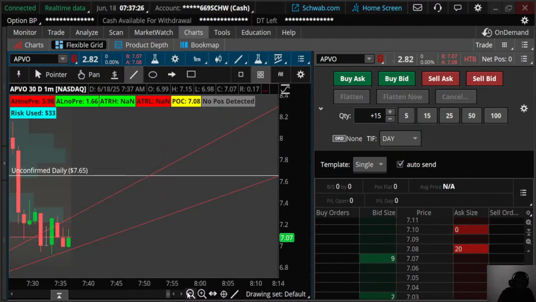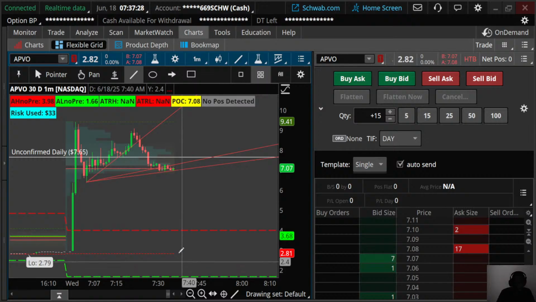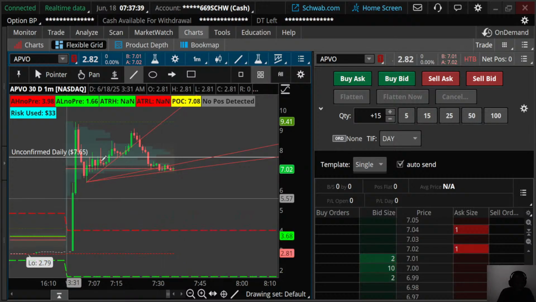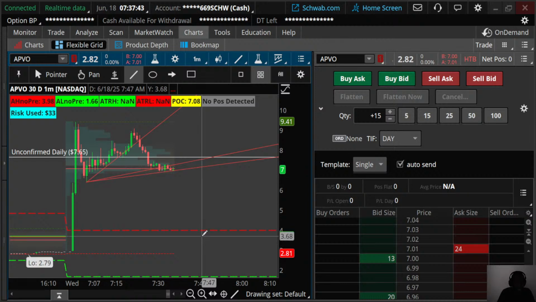Thought I was going to get a little entry. Point of control has moved down to the 7.08, so more volume is trading down now instead of up. The original point of controls were up here at like 7.22s and all of that, but they're trading down.